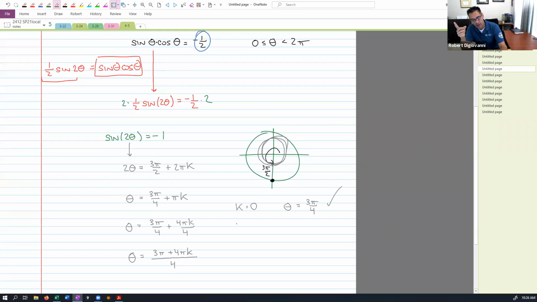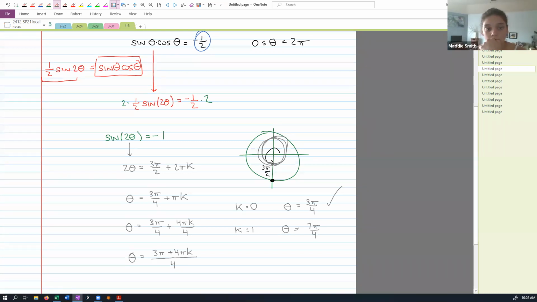Then I'll let k be 1. If k is 1, I get 7 pi over 4. Is that within 0 and 2 pi?